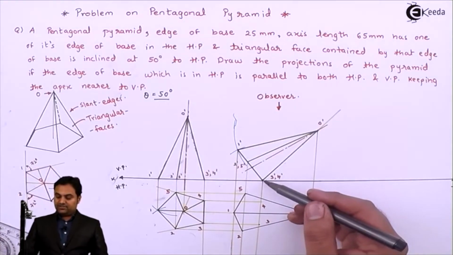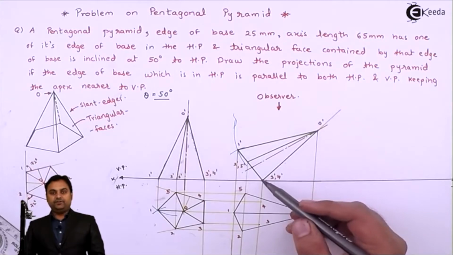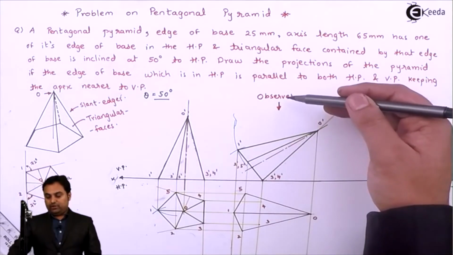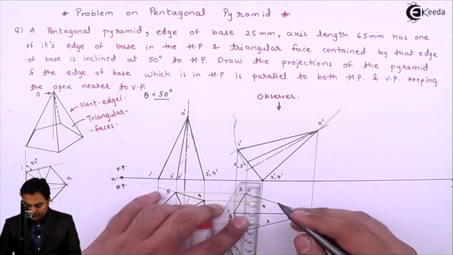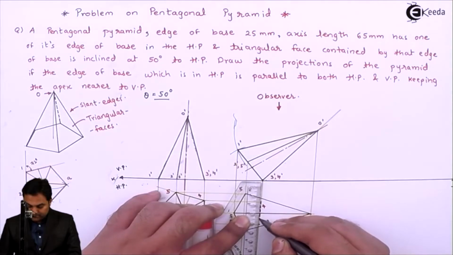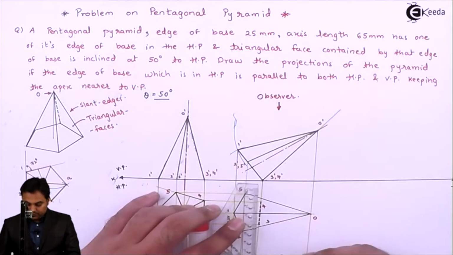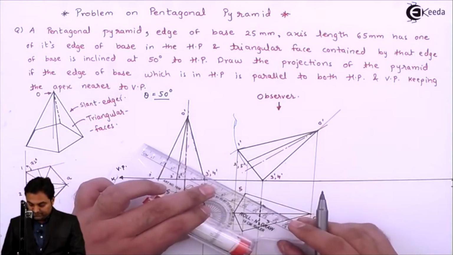Then this edge 3 dash, 4 dash, which looks like a point in the front view. In the top view, when the observer is here, this edge is not visible, so it will be hidden going behind the observer. That is why edge 3 to 4 is hidden. So again connecting it with 4 to 5, that will also be hidden.